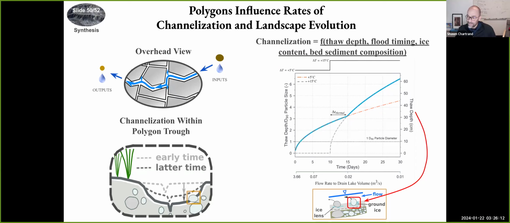And the expectation would be into the future, as air temperatures in the Arctic continue probably to be amplified for some period of time, that we can expect this to be a fairly significant driver of evolving channel networks.